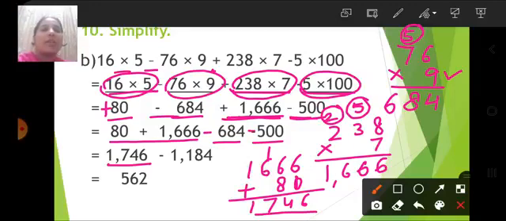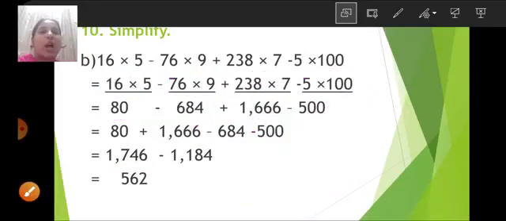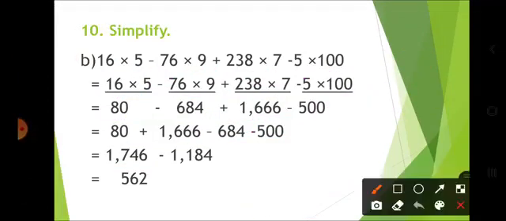And here you can see, children, minus minus. So what we can do is add them together. Minus minus will be added, but the sign will remain the same. Or if you have any doubt, just see here.